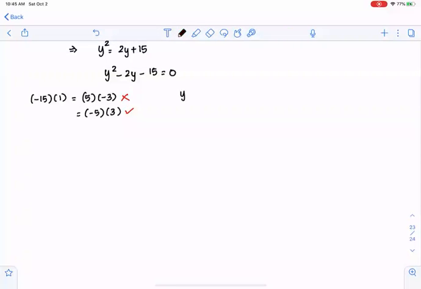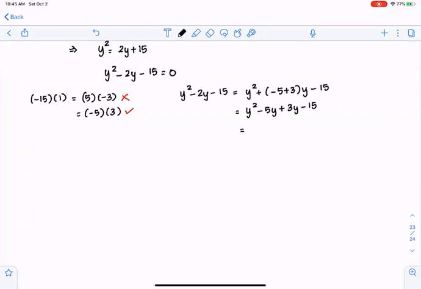So y squared minus 2y minus 15 would equal y squared plus (negative 5 plus 3) times y minus 15, which is y squared minus 5y plus 3y minus 15.